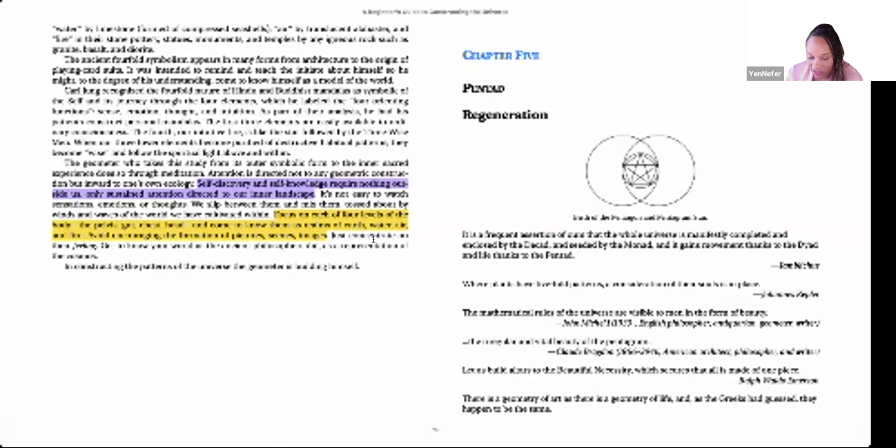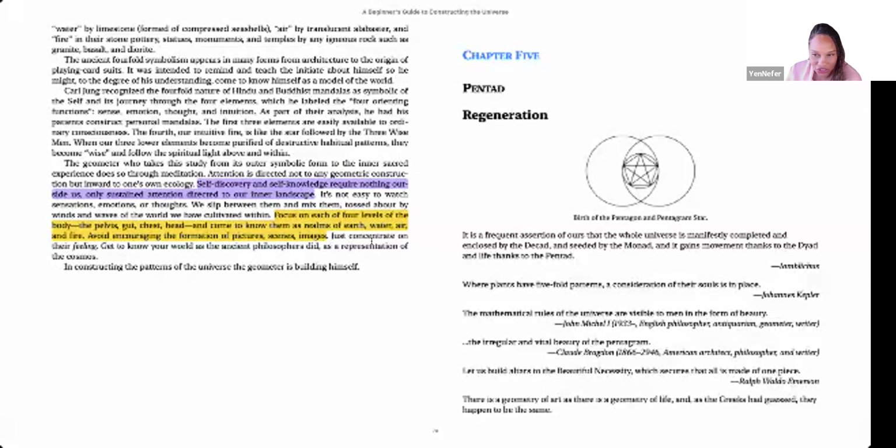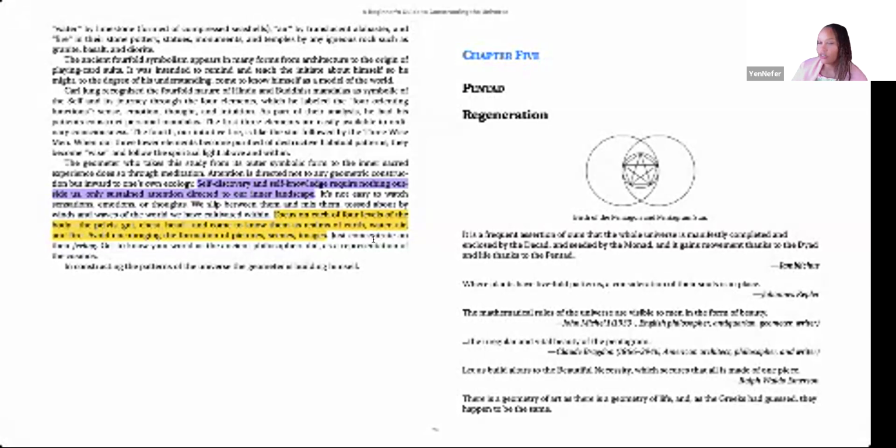You know, when I found this book, I was really curious and I questioned the title, A Beginner's Guide to Constructing the Universe. And I'm like, but this book is about numbers, you know? Oh, it's just going to tell me the sacred and secular meanings, the origins of the symbols and that sort of thing.